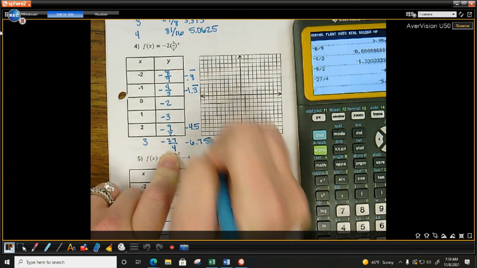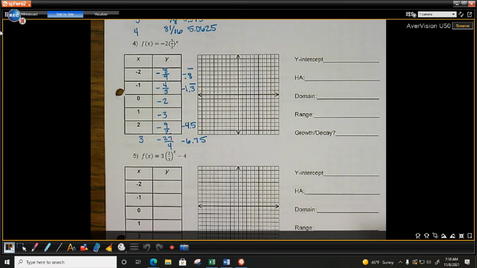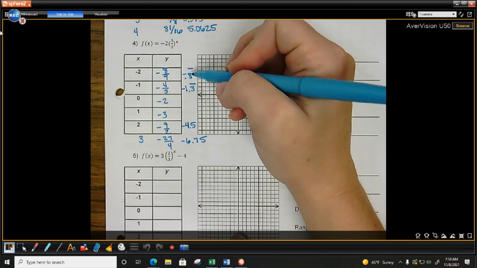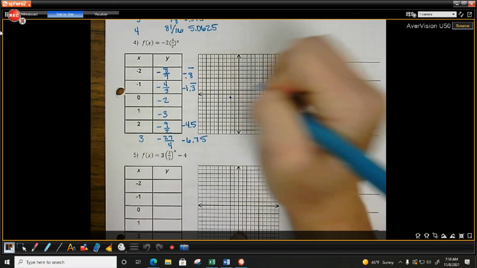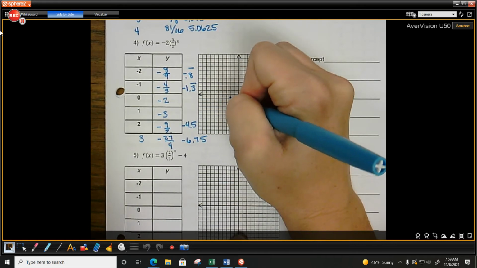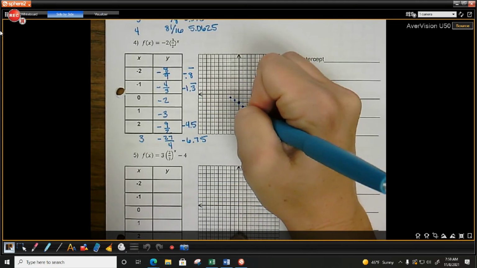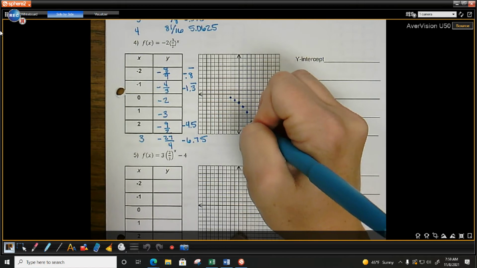So plot your points. This is almost -1. So -2. There. So plot your points.